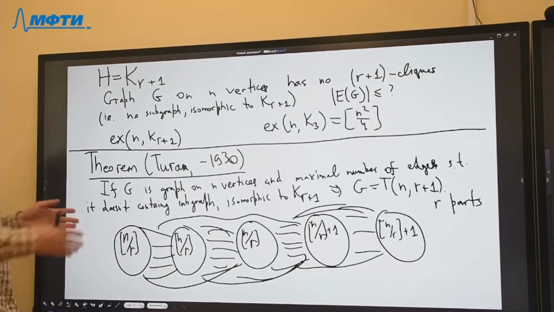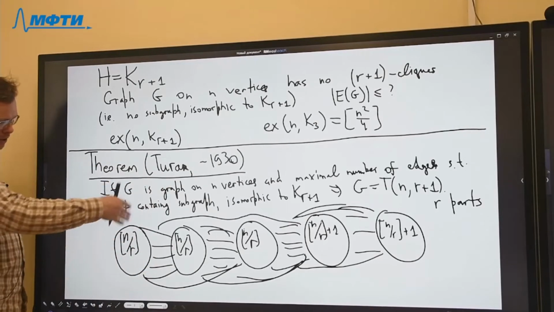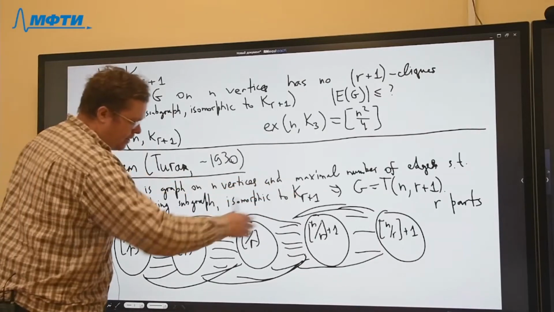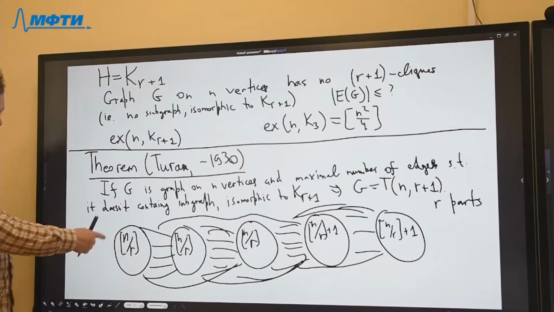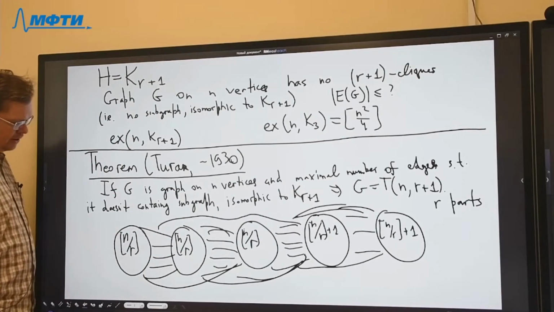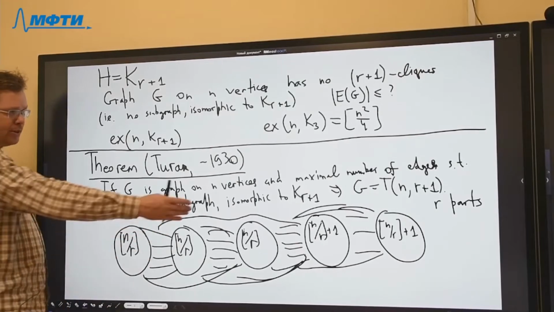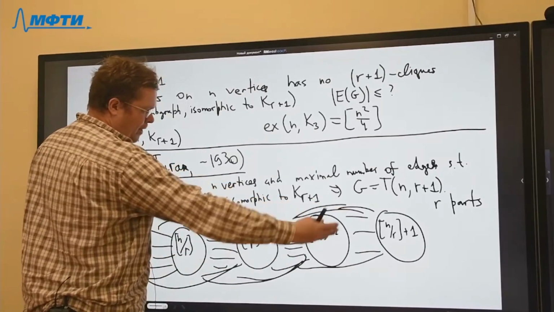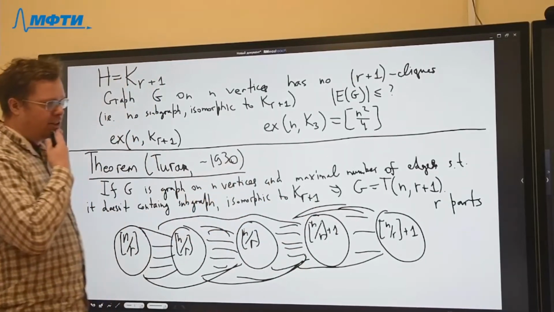But if we have a bigger number of parts, then we need to distribute n over these r parts almost equally. So some of them will have parts equal to n over r, the integer part of it, and some will be n over r plus 1, and the number of plus 1 parts will be the same as the residue of n over r.